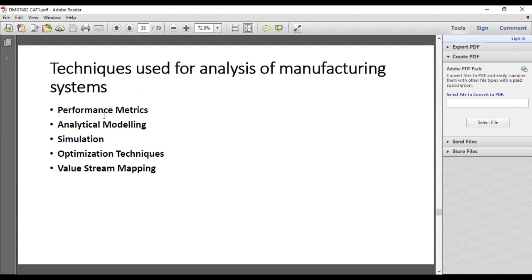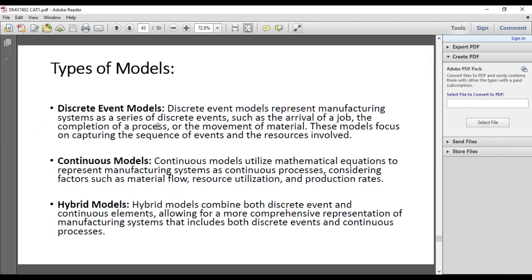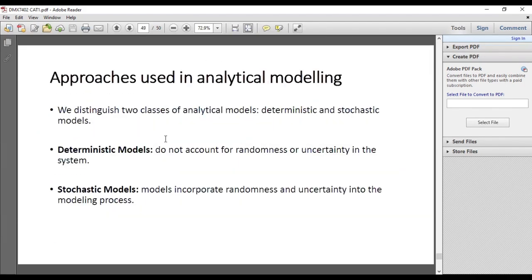We will talk about performance metrics and analysis, analytical models and simulation in our course. There are two different approaches in analytical modeling: deterministic models and stochastic models. Maybe you have learned about this before.